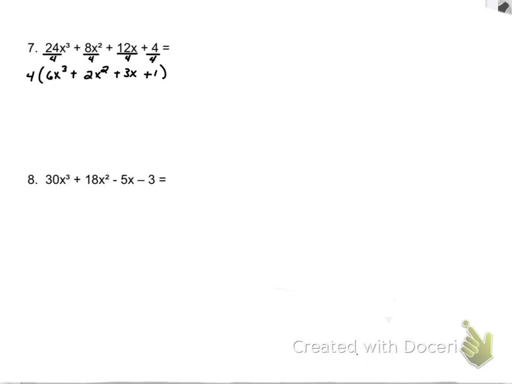Okay? Now we're going to factor by grouping, which means, really, I'm just going to work with this right now. Well, I've got something on the screen that I don't know how to get rid of. Here we go.